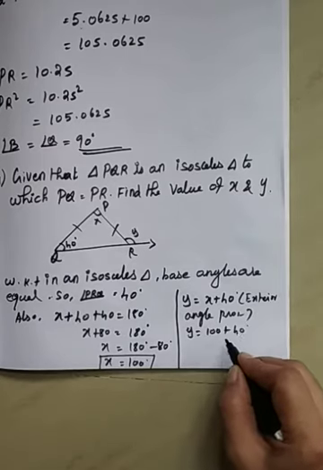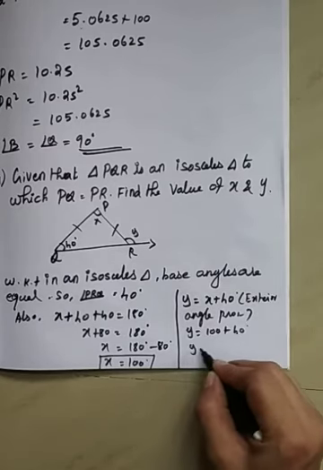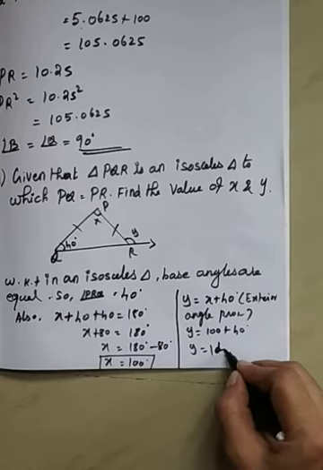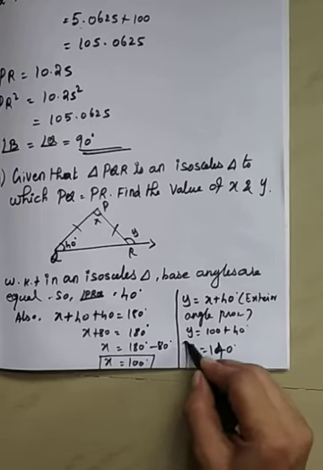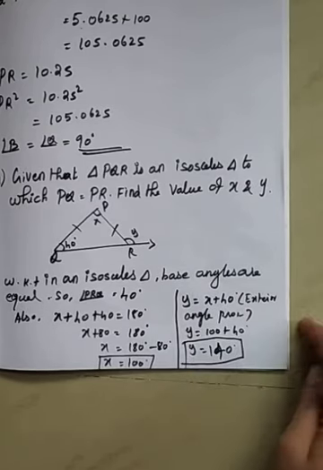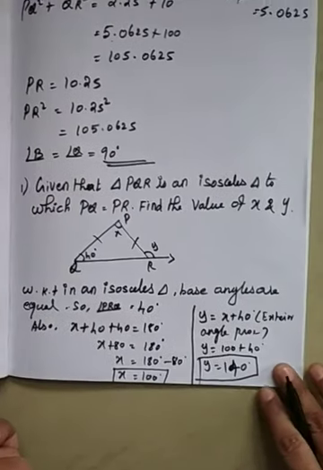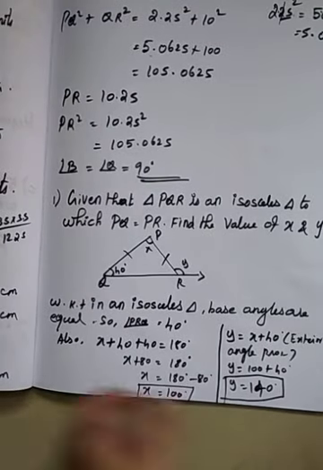What is 100 plus 40? 140. So 140 degrees is the y value. Everybody clear?